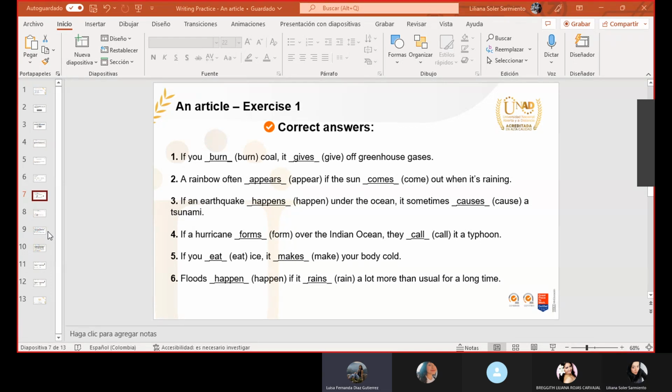If you eat ice, it makes your body cold. Yes, thank you. And the last one, Karen Cecilia, could you read number 6, please? Floods happen if it rains a lot more than usual for a long time. Okay, thank you.